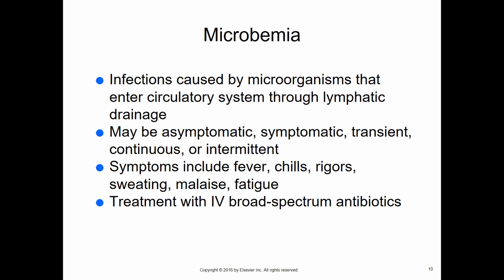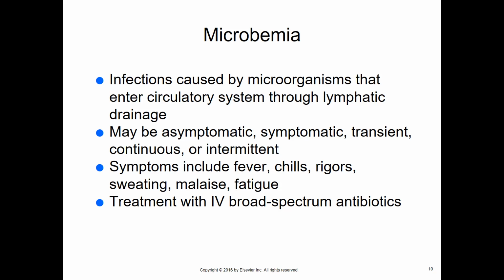So again, microbemia, we use that to describe infections, and it's caused by any sort of microorganism that enters the circulatory system through the lymphatic drainage. Sometimes this can happen through a localized infection. It can happen if you have some sort of diseased skin or mucous membrane that are colonized by members of normal flora.